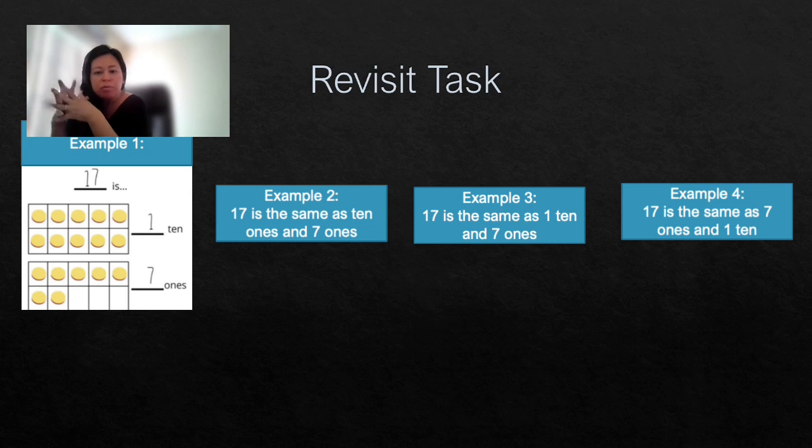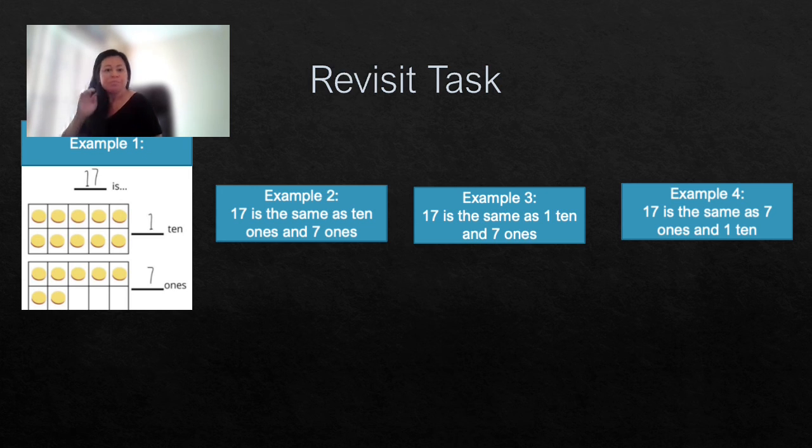Example 2 I thought would be the next most difficult for my students because we are thinking about 17 as 10 ones and 7 ones. That's not quite grouping the 10 together yet. We're still thinking about it as 2 separate 10 frames. We have 10 ones in this 10 frame and 7 ones in this 10 frame, and when we put them together to count, they make 17.